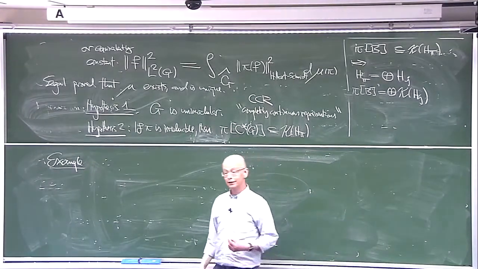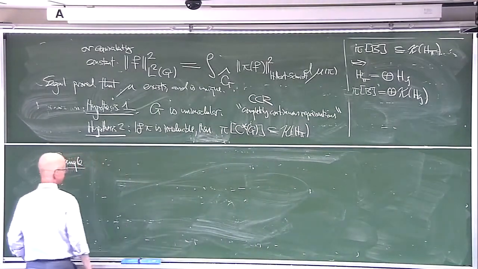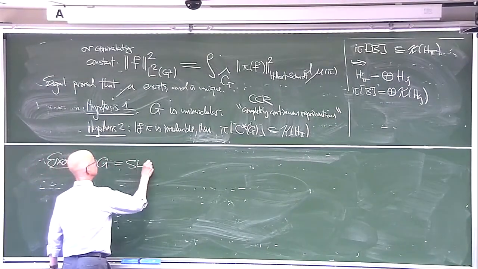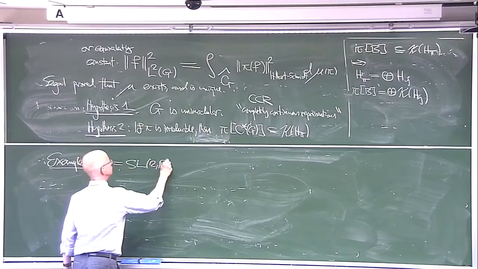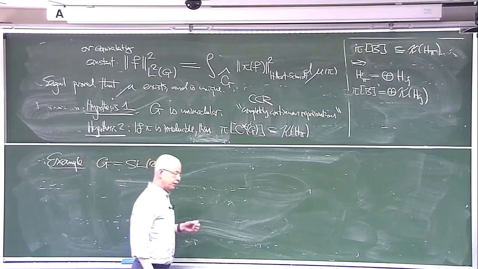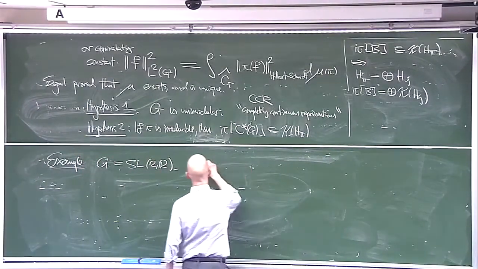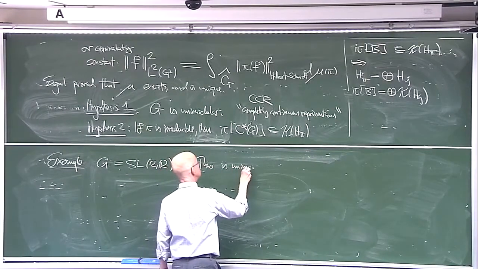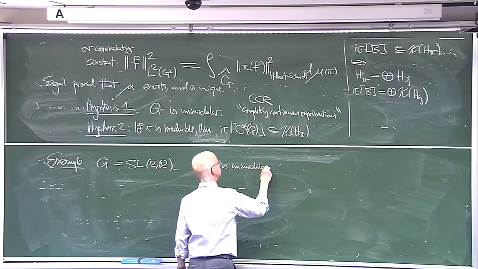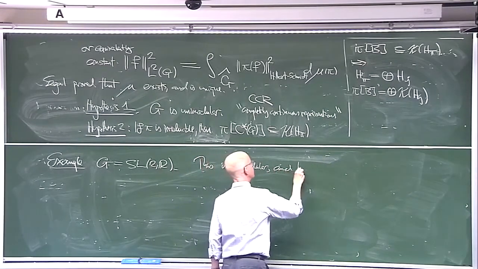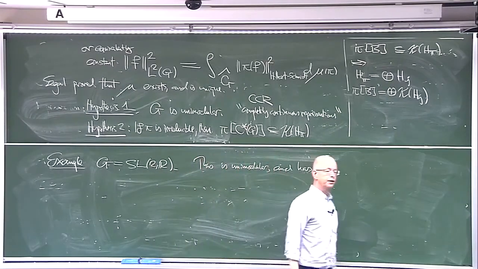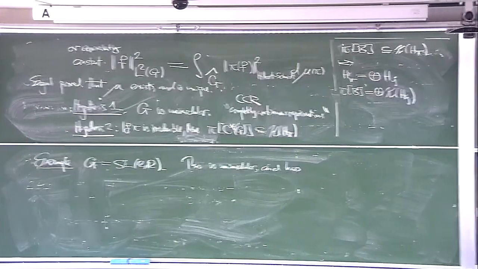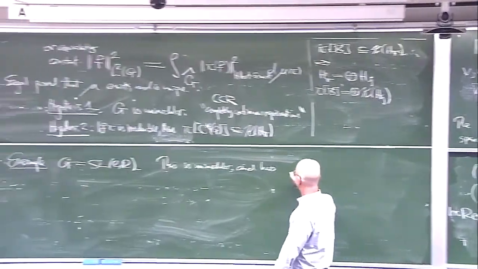So even for SL2R, what I'm about to say is highly non-trivial. So this group is unimodular. And it's possible to argue, one of the things we'll do in this course, is we'll show this. This has the CCR property.